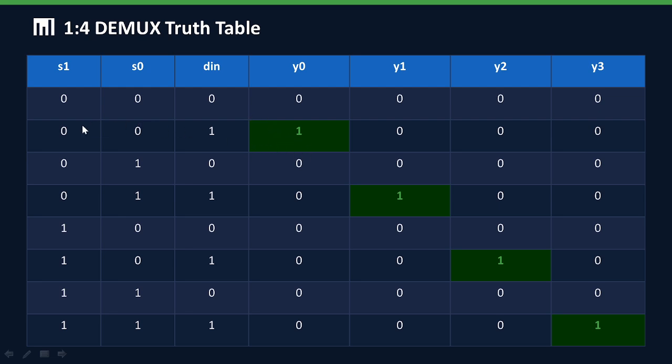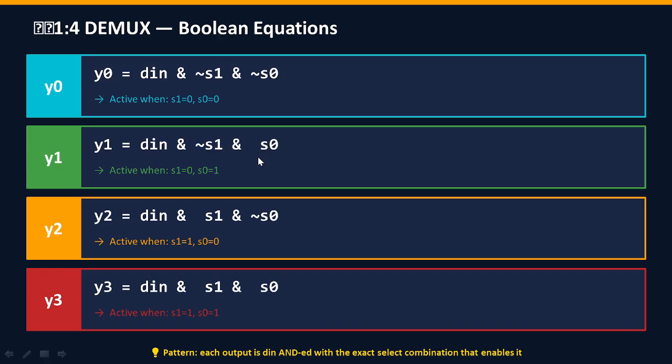Now it's not working, so change that: apply a NOT gate to s1 and also to s0. Both become 1. Combining those two with an AND gate gives 1. So the y0 equation becomes NOT s1 AND NOT s0, and that whole thing AND d in.